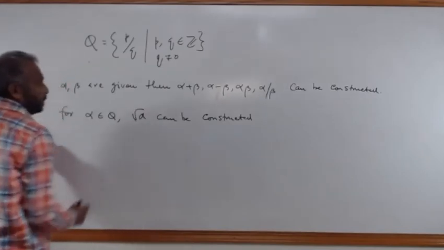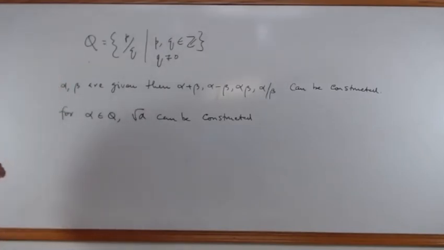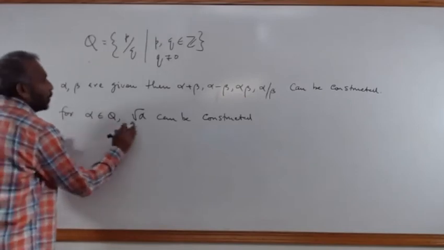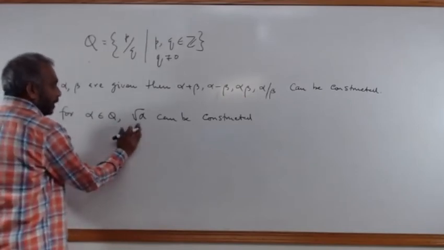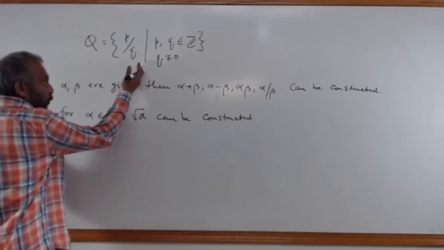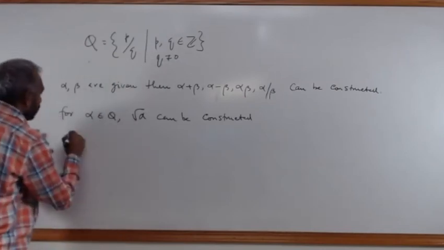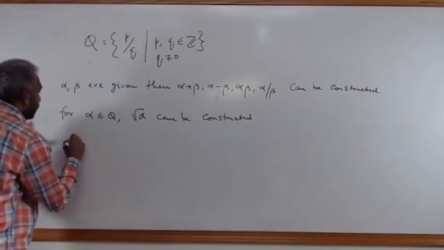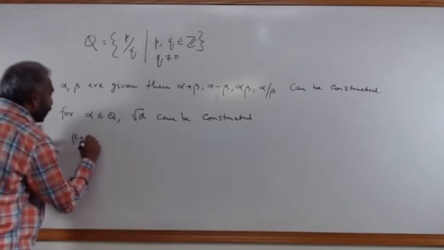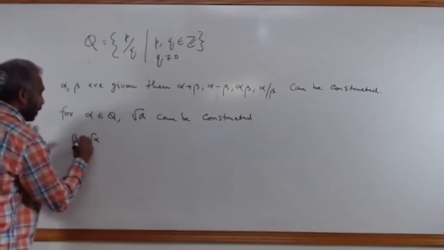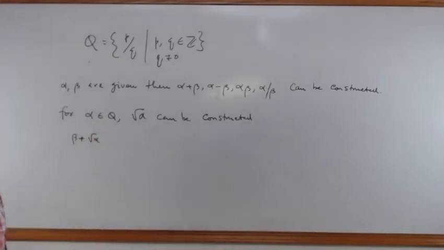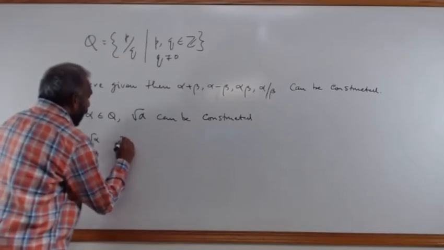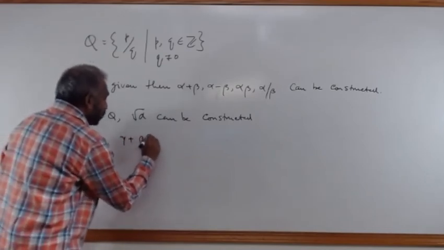So what does this mean? So we know root alpha and we know any numbers from Q. So you can say beta plus root alpha can be constructed, or gamma plus beta root alpha can be constructed.